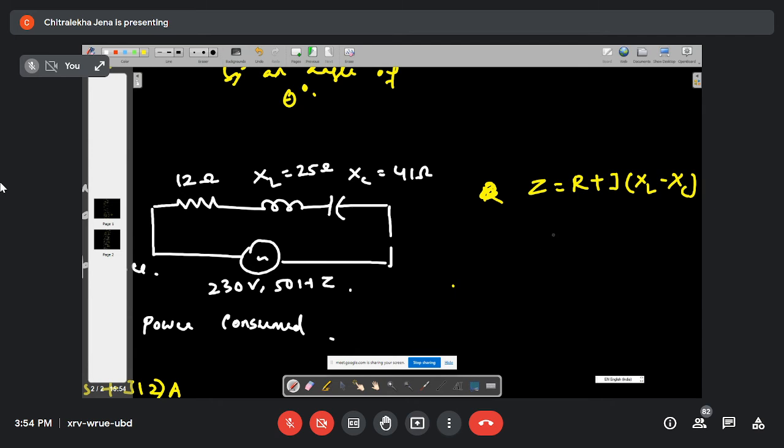Vibhu, Kalyani, have you done? Yes, ma'am, doing. Okay, very good. 12 minus how much have you got, Vaishnavi? Minus 16J ohm. This much? Yes, ma'am. Ma'am, I used the formula R minus J (XC minus XL).